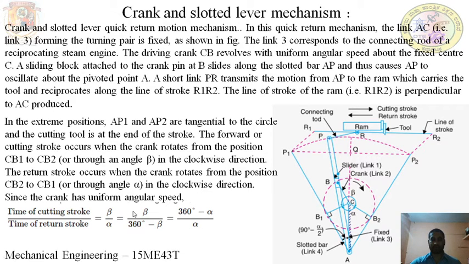The cutting stroke is performed by angle beta, whereas the return stroke is performed by angle alpha. Beta is always greater than 180 degrees, and alpha is always less than 180 degrees because the return stroke should be quick. So this is about the crank and slotted lever mechanism. Let us see one animation so that we can clearly understand it.